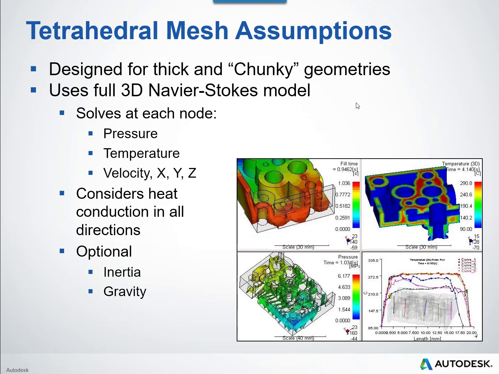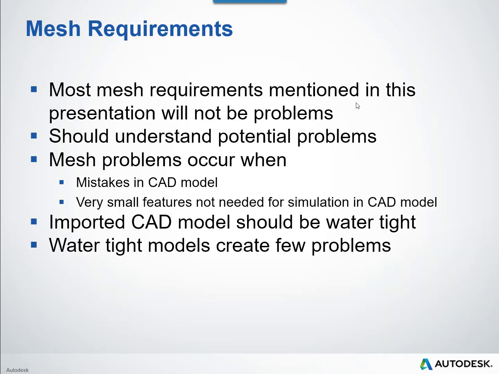It uses the 3D Navier-Stokes equations and solves for pressure, temperature, and velocity at each point. So the calculation time is a little higher compared to midplane and dual domain, but it also takes into consideration inertia and gravity effects, because these chunkier parts have hollow, big spaces, and you probably need to consider those effects or physics.